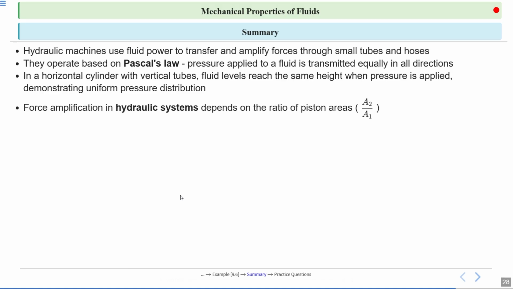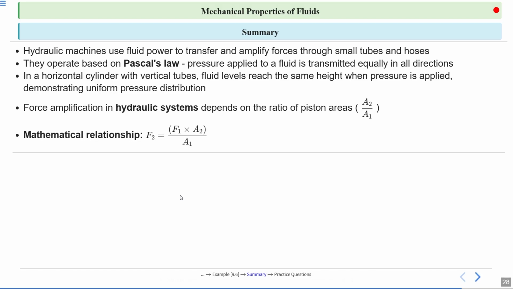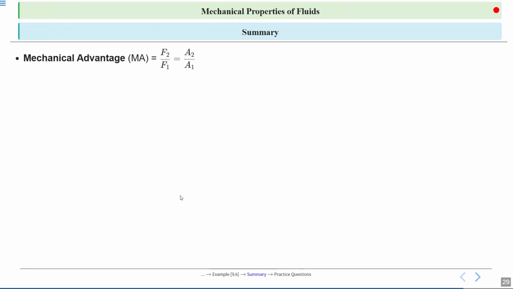Force amplification in a hydraulic system depends on the ratio of piston areas A2 by A1. Mathematical relationship: F2 equal to F1 into A2 divided by A1. And mechanical advantage MA equal to F2 by F1 is equal to A2 by A1. For incompressible fluids, volume conservation applies: A1L1 equal to A2L2.